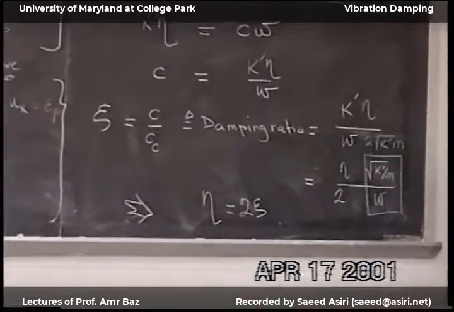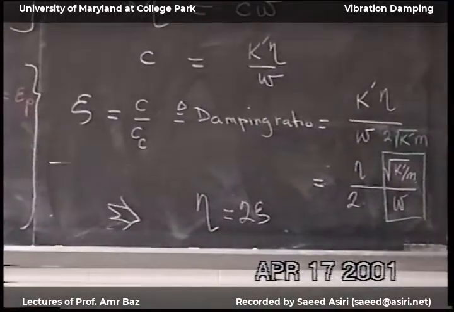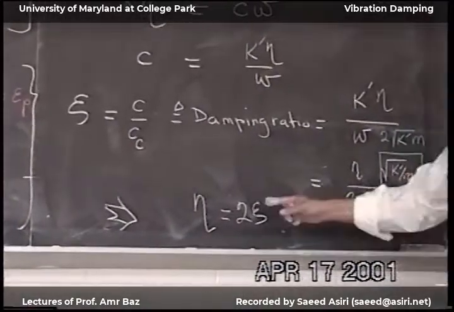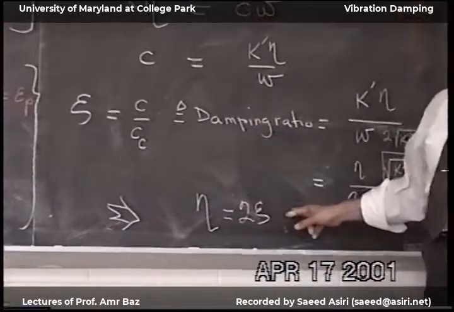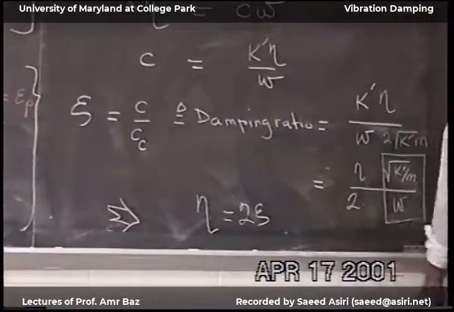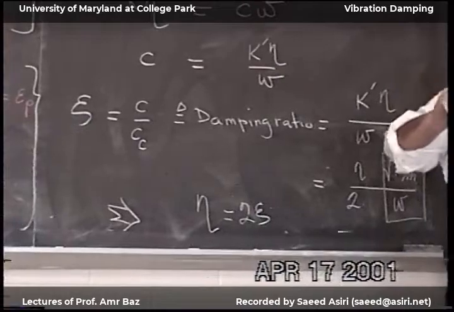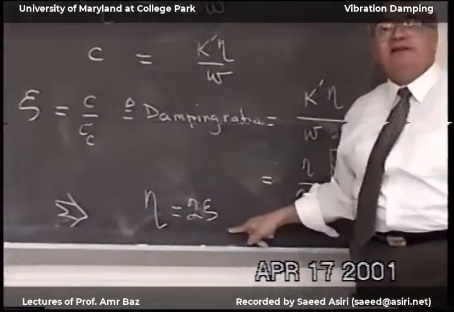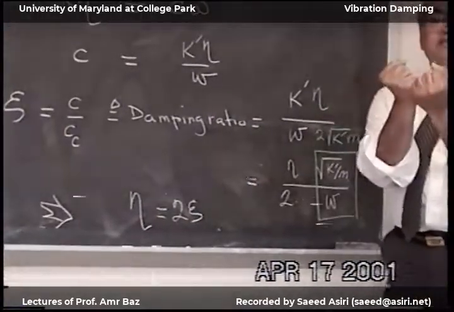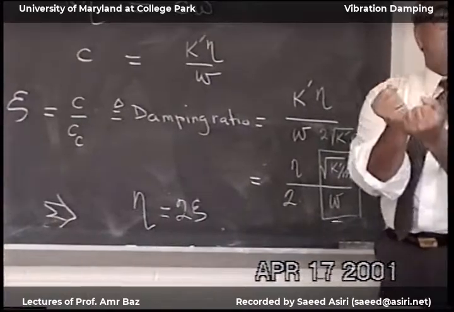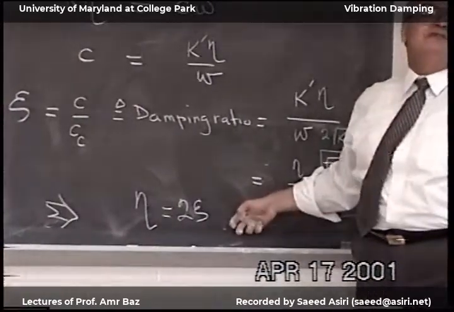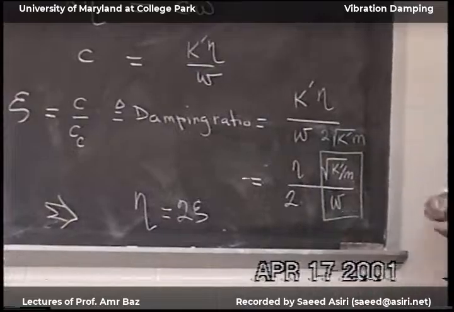So if you have a viscoelastic material and they give you a loss factor, I have to divide this by 2 to get the equivalent damping ratio. The two are not equal. The two are not equal. If I get viscoelastic material with a loss factor of 1, this is equivalent to a damping ratio of 50%. Okay?